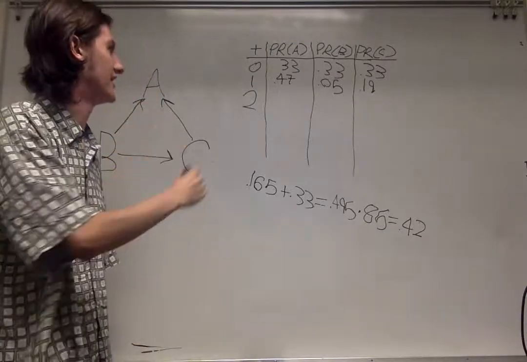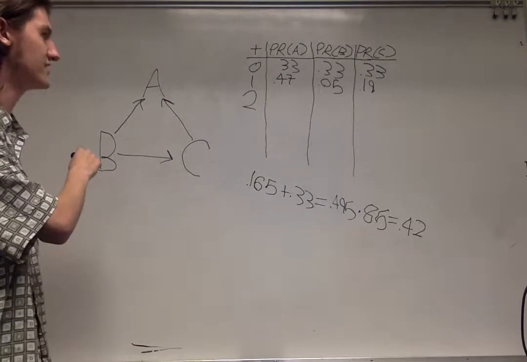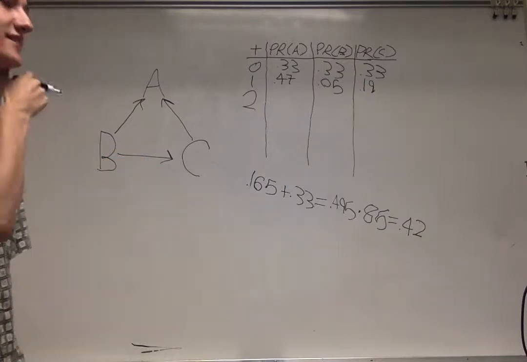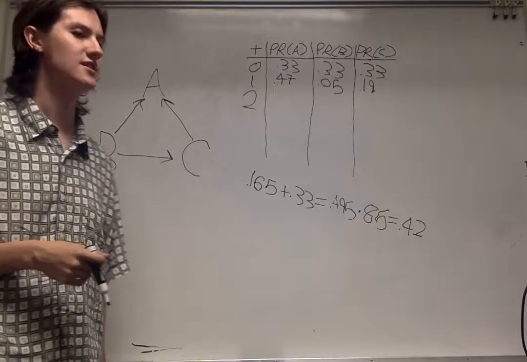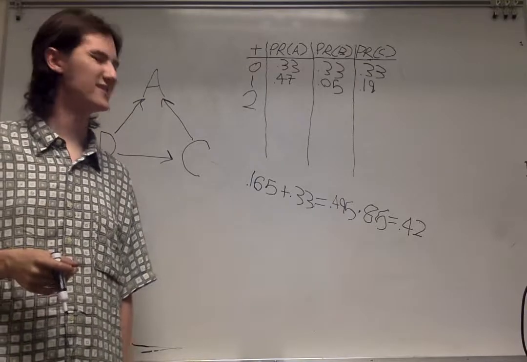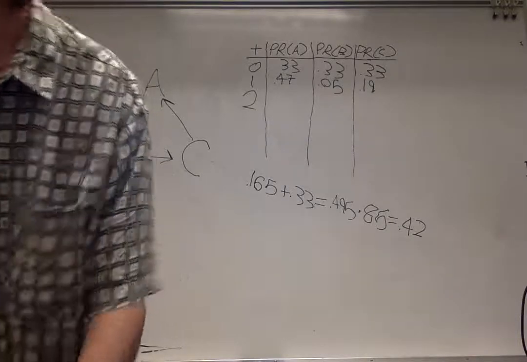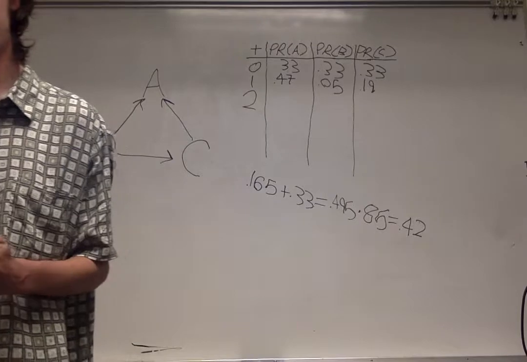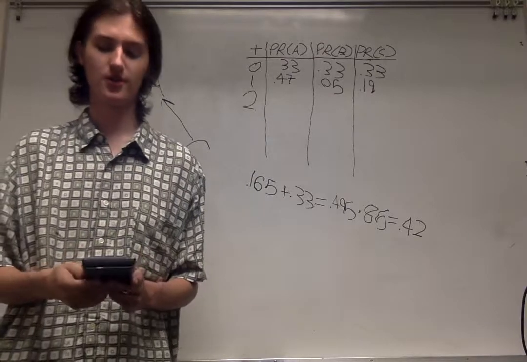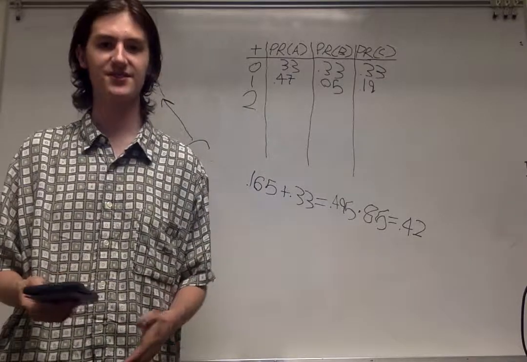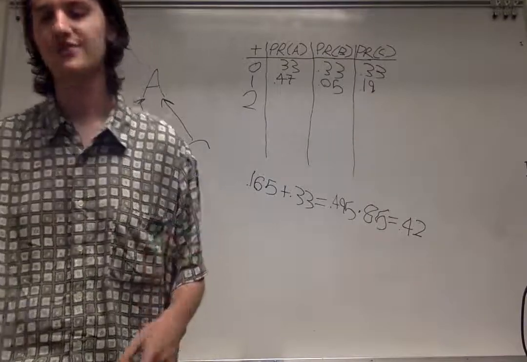So, once again, for the PageRank of A, we look at half of B plus the whole of C. So we're looking at 0.025 plus 0.19, which is going to give us a grand total of 0.215. 0.215 now multiplied by 0.85 is equal to 0.18. 0.18 plus 0.05 is equal to 0.23.